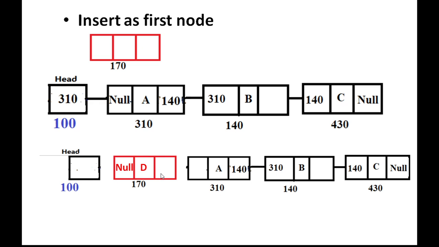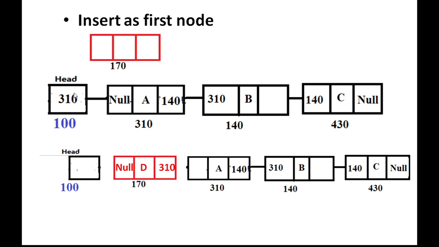Then the forward pointer of the new node is assigned with the address of the previous first node, and where we got this address from is the head only, okay. These points are important from the algorithm point of view.